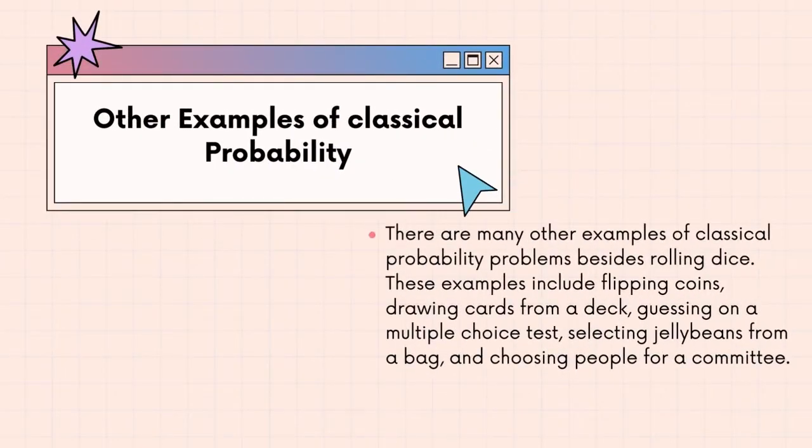There are many other examples of classical probability problems besides rolling dice. These include flipping coins, drawing cards from a deck, guessing on a multiple choice test, selecting jelly beans from a bag, and choosing people for a committee.